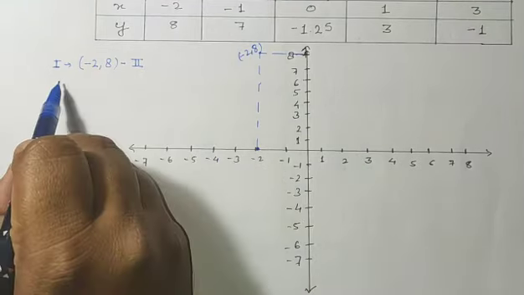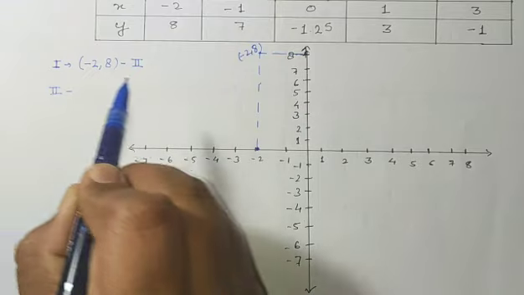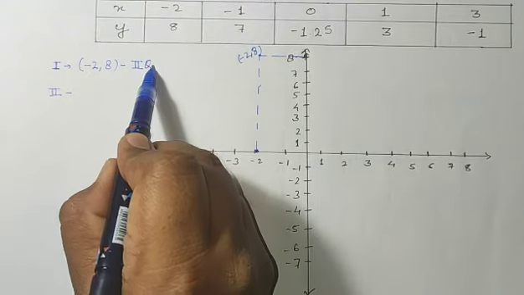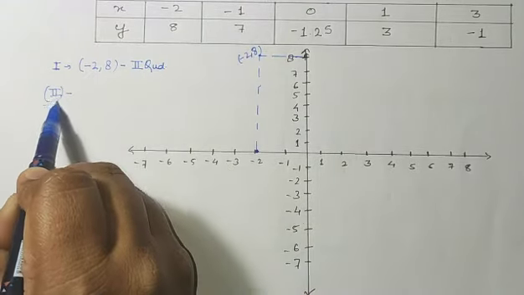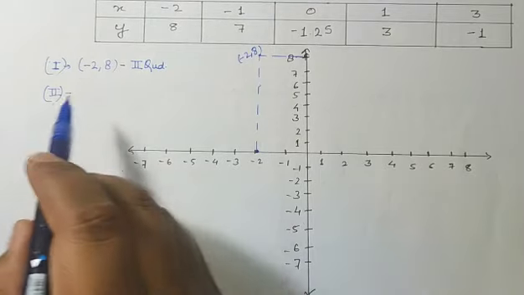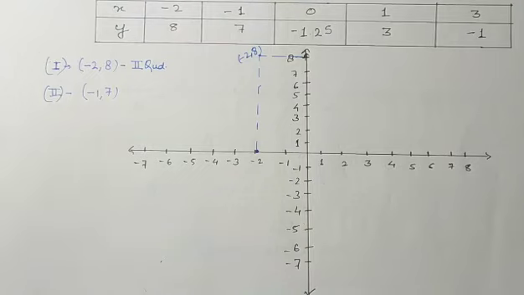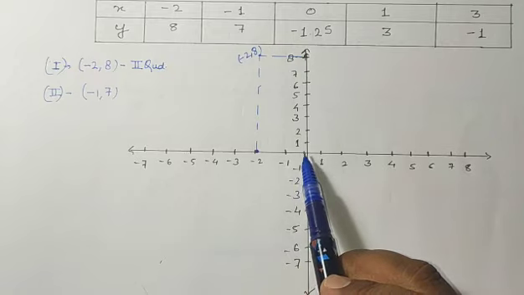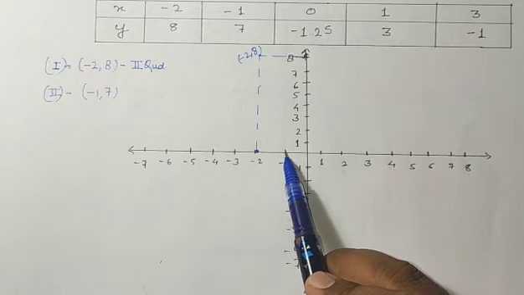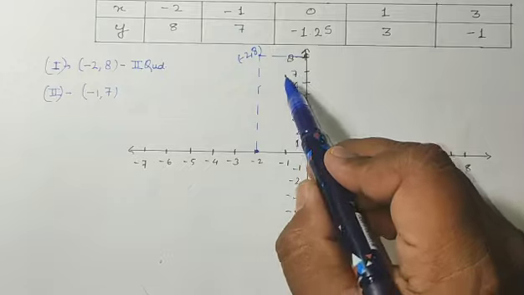Okay, the second point is minus 1 comma 7. So let us see where it will lie. Towards the x direction it is minus 1. Towards the y direction it is 7.